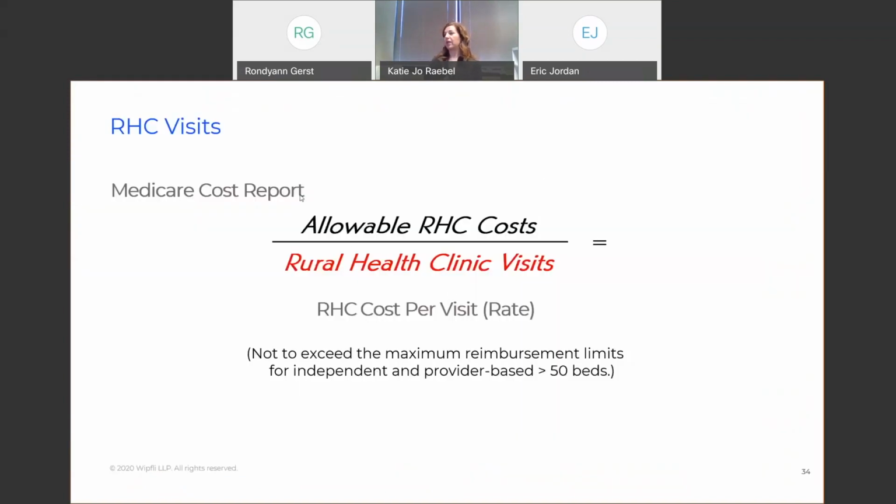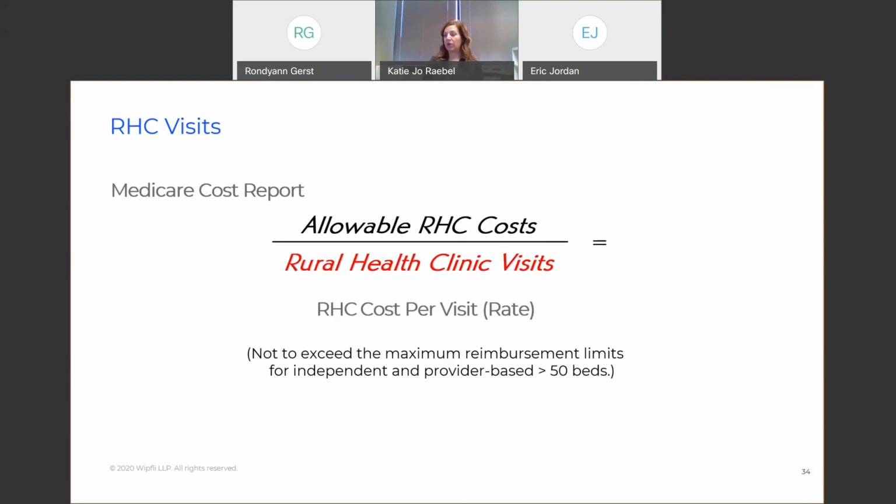So we went through the exercise of what's our starting trial balance amounts, and we have either reclassified expenses to other departments or lines on the Medicare cost report. We've removed some expenses because they're non-allowable. We have got our numerator down pat. We have allowable RHC costs. So we're getting close to coming up with our cost per visit.